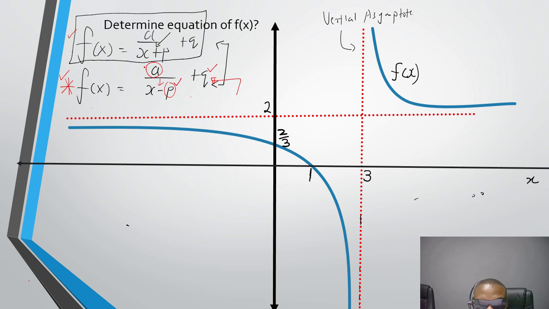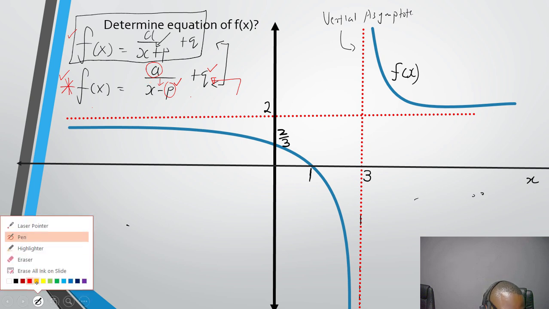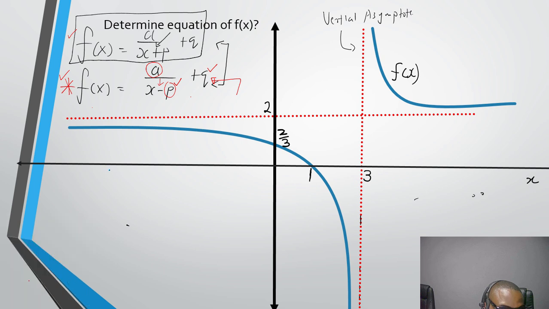Now you are going to use one of the important mathematical ideas, especially as far as functions are concerned. We say the variable x and the y can be substituted by any point on the graph. Just pick any point on the graph, substitute your x and your y, and solve for a. Then you will have the equation of f of x. Okay.